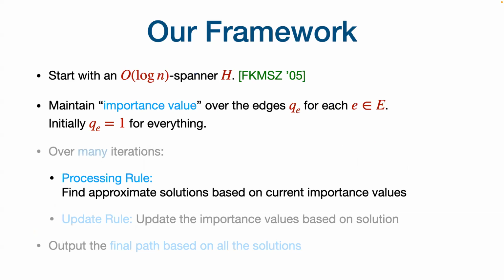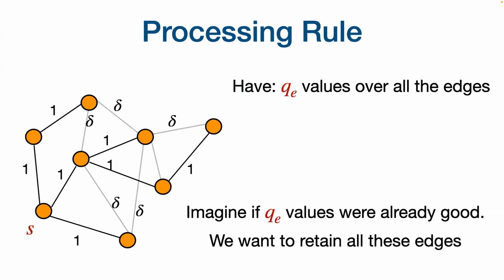How many iterations, and how many times you'll have to do these things repeatedly, is something we'll come to later. Let's just look at what this processing rule does. We have this big table of QEs over all the edges, and the main takeaway here is if these QE values were already very good to begin with, then we want to gain some information about the graph and keep it, based on these QE values.